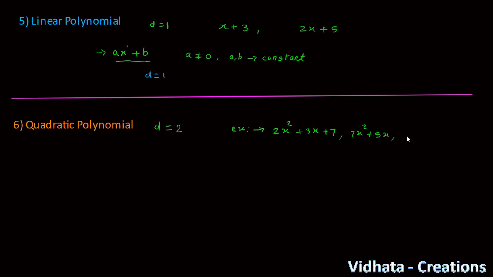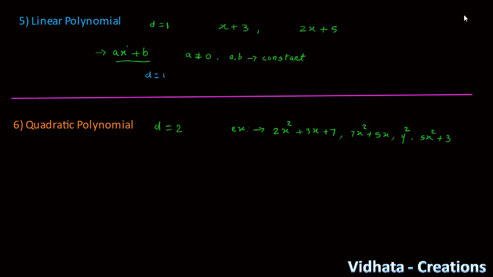One more example: y square is also a quadratic polynomial with variable y. Or one more example we will take, 5x square plus 3. All these are examples of quadratic polynomial.